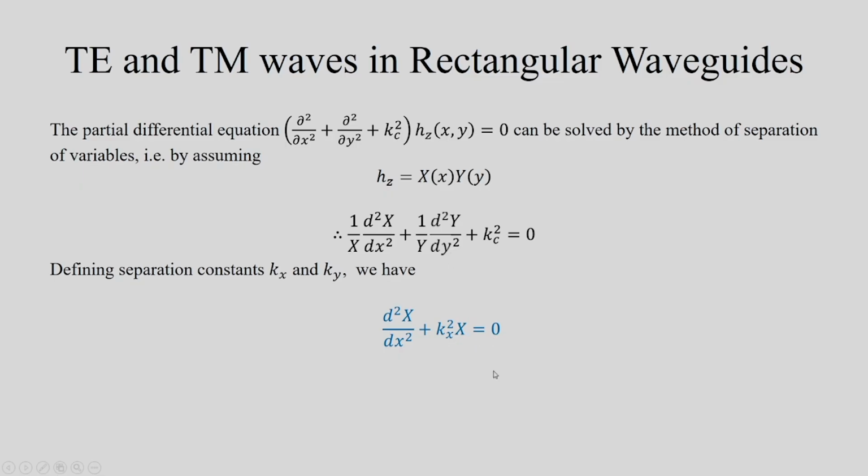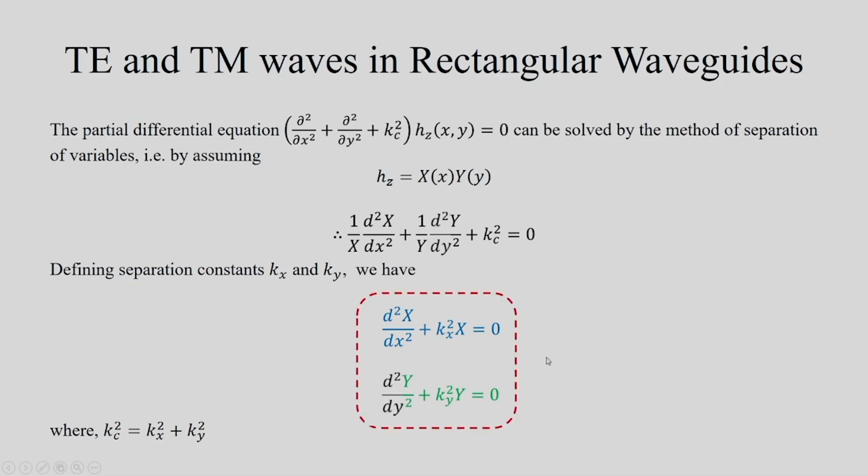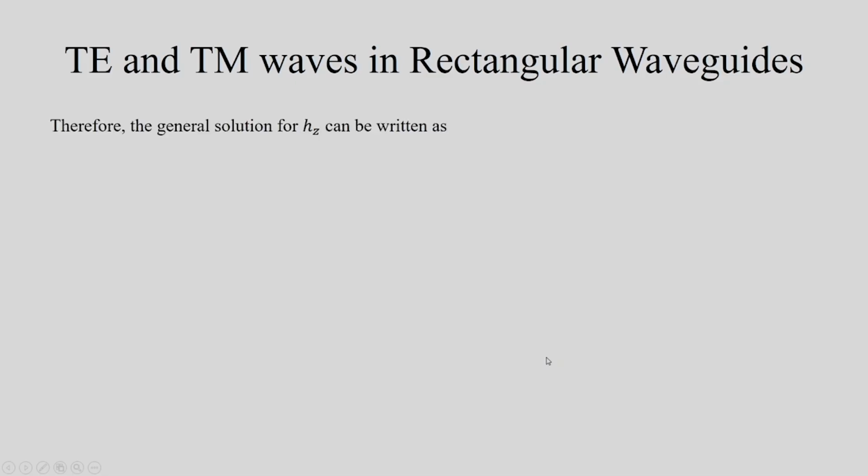Similarly, the other equation can be written as d square Y by dy square plus ky square Y equal to 0, where we find that kc square is equal to kx square plus ky square. Once we have these equations separated, the solutions are standard solutions, and therefore we can now write the general solution for Hz.